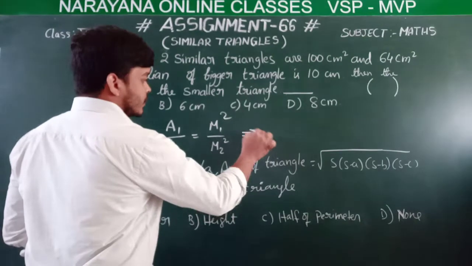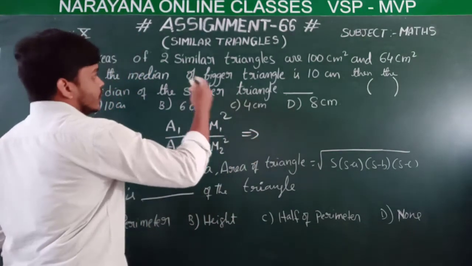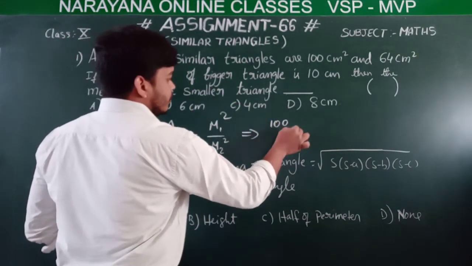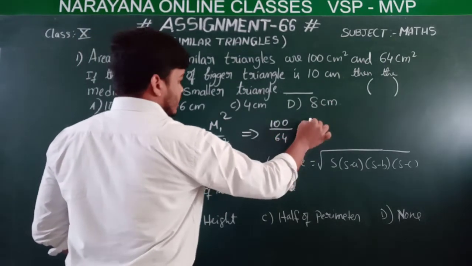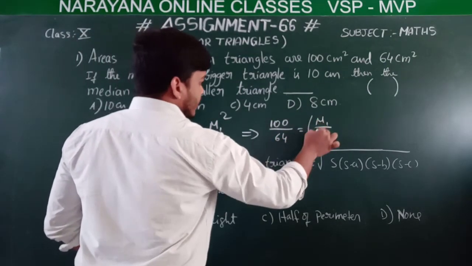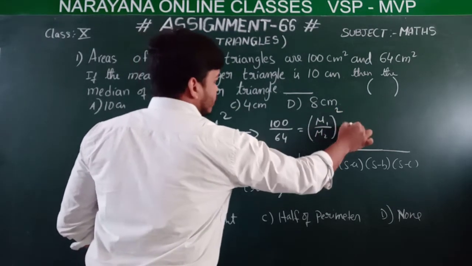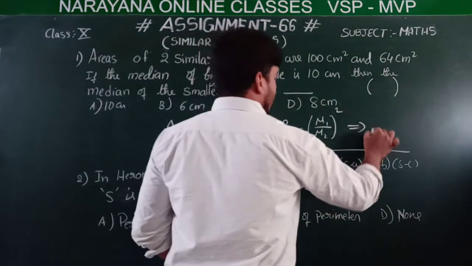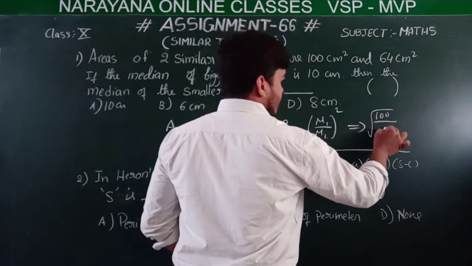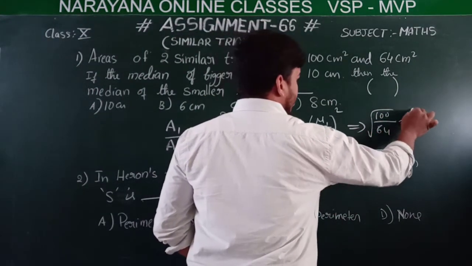So see here, A1 is given as 100, A2 is given as 64, which equals M1 by M2 whole square. Sending the square to the left hand side, that is root over 100 by 64 is equal to M1 by M2.